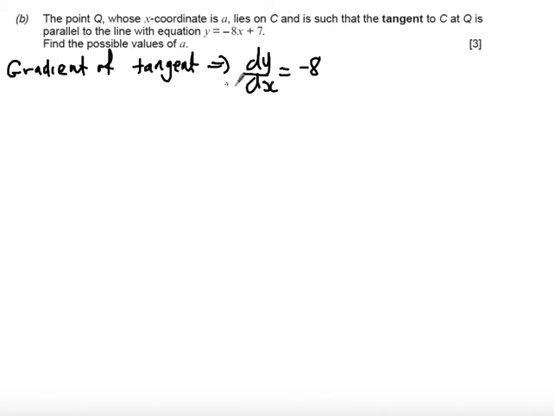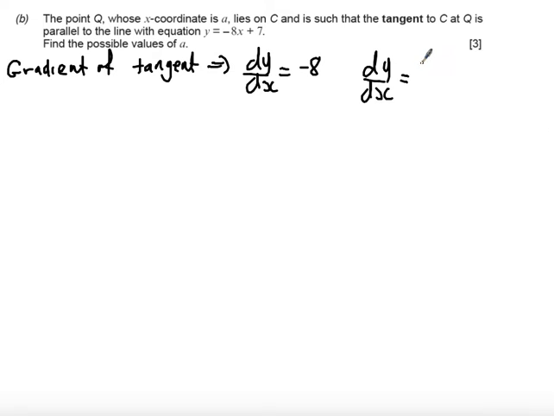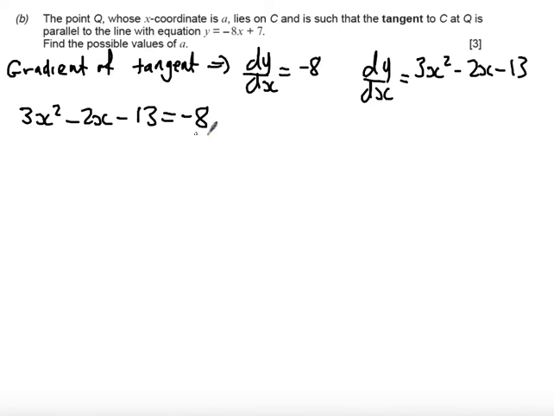And so I can use this idea because I also know that dy by dx from before is 3x squared minus 2x minus 13. So to find the possible values of a, in other words possible x values, what I need to do is put 3x squared minus 2x minus 13 equal to minus 8 and solve to find my x values.